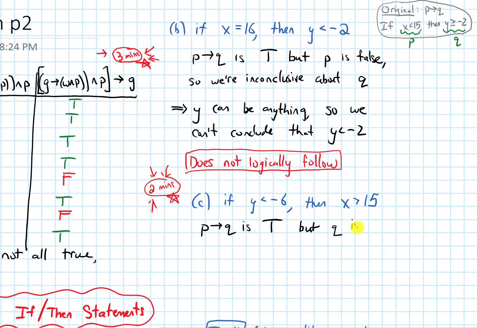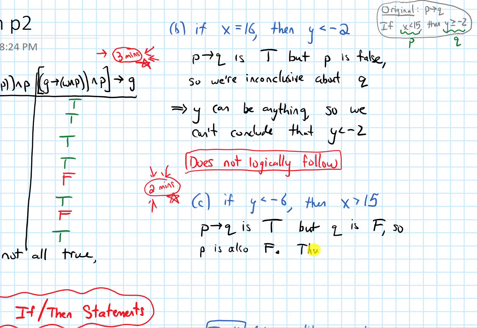So based on what we're given here, Q is false. So when P implies Q is true, but Q is false, that means P is also false. That's the contrapositive, which we recapped in that table earlier. So P is also false.